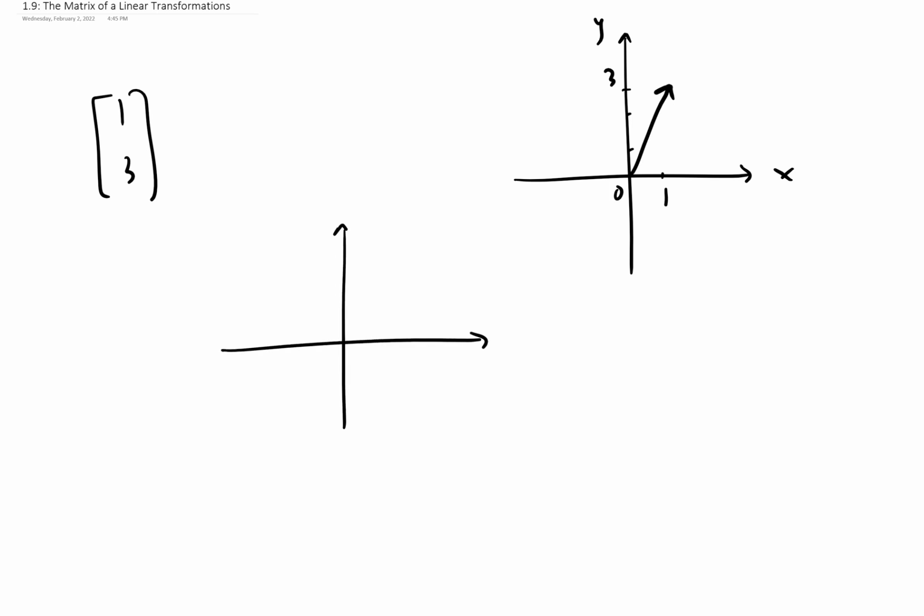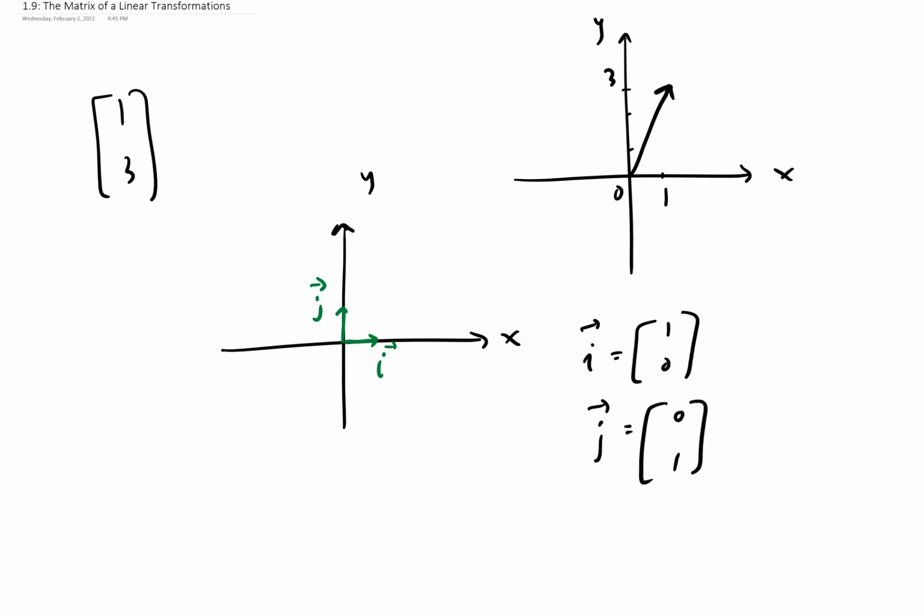And from the xy plane, we have special kinds of vectors here. This is called i, and this is j. Those i and j, i has components (1, 0), and j has (0, 1). We call them unit vectors.